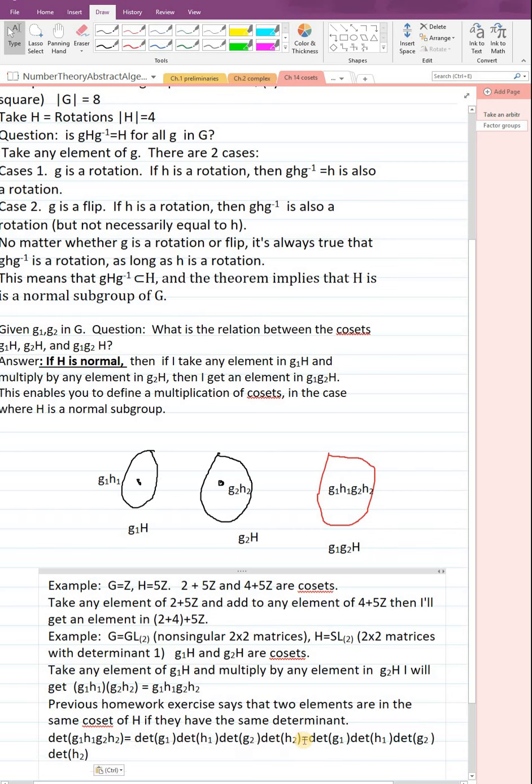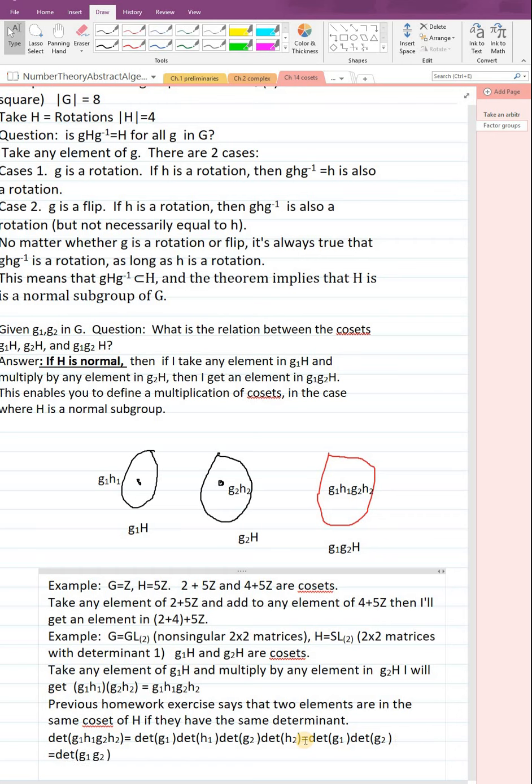So this is just equal to this: the determinant of H1 becomes 1, and the determinant of H2 becomes 1. But I can simplify that even more, into a single determinant. Well, that's the determinant of G1G2. So what does that tell me?